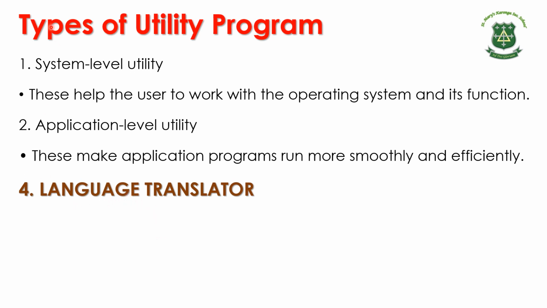Here we have been looking at the types of utility program. We have said it is categorized into two: the system level, then application level, which make the programs run more smoothly and efficiently. So that is the utility program. But now the fourth type of the system software is the language translator.